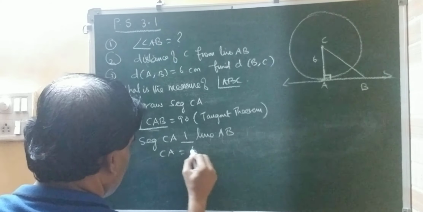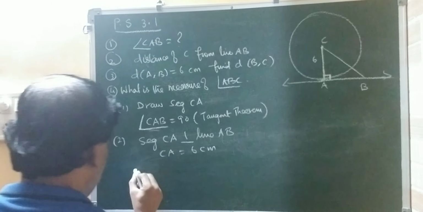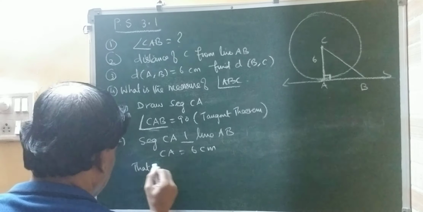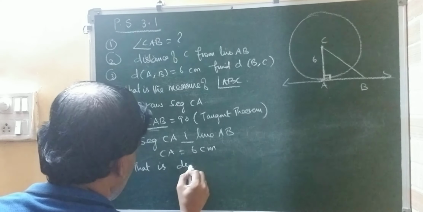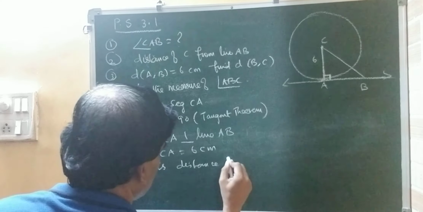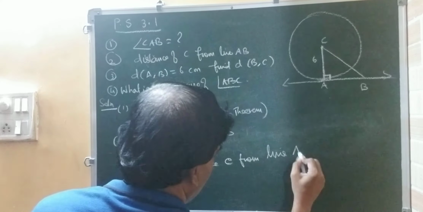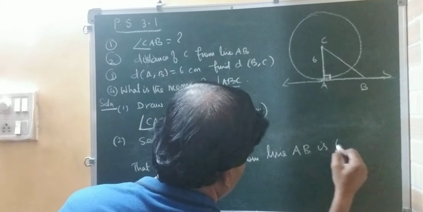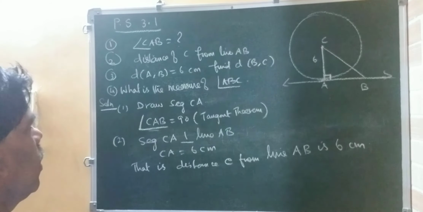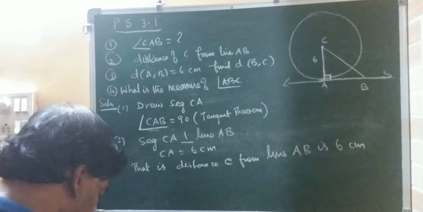CA equal to 6 centimeter. That means the distance of C from line AB is 6 centimeter. That's all.